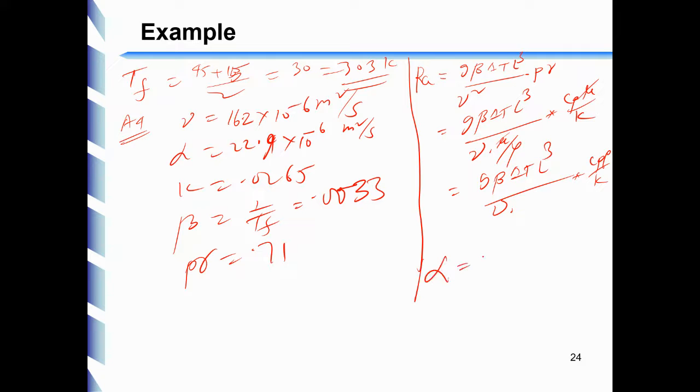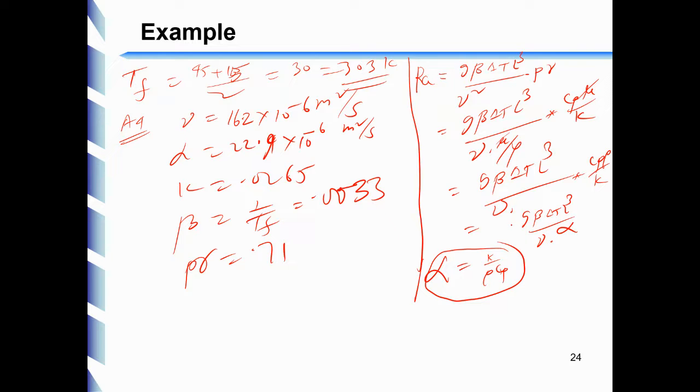We know alpha, thermal diffusivity, is k by rho Cp. So this equation we can write as g beta delta T L cube by gamma alpha.